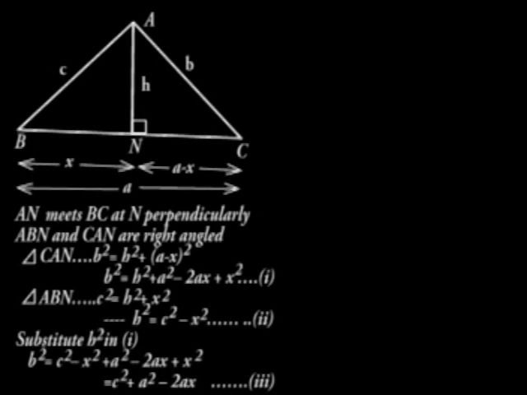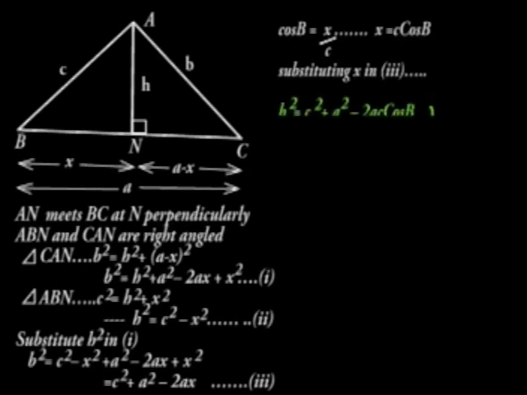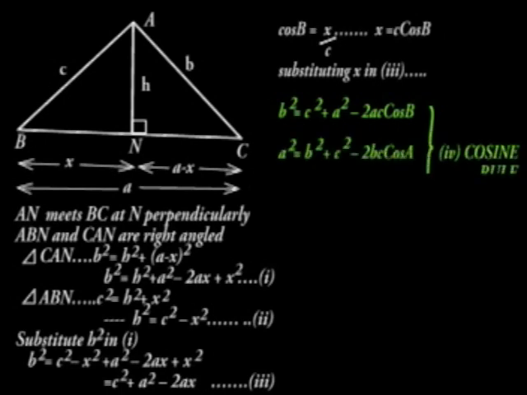Equation 3. Cos B is equal to x over c, so x is equal to c cos B. Substituting x in 3, we shall have b squared is equal to c squared plus a squared minus 2ac cos B. Equation 4. Equation 4 is the cosine rule.